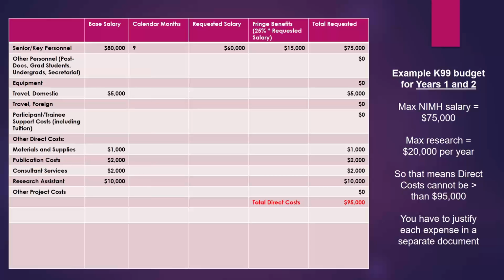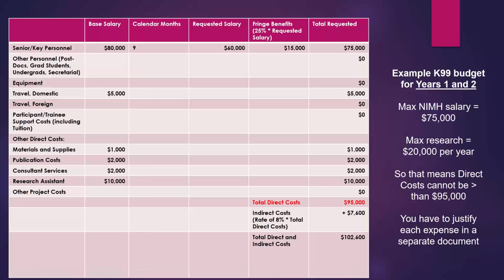And I know that my max direct cost can't be more than $95K, at least when I'm applying for my K through NIMH. Then I'm going to multiply 95K times 8% to figure out my indirect costs. Those are costs that go to LIBOR if I'm applying at LIBOR.